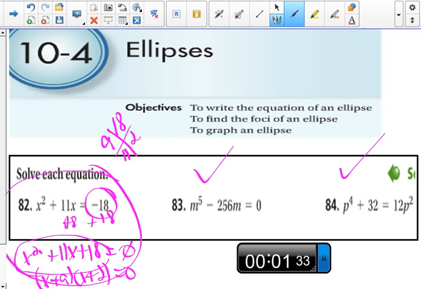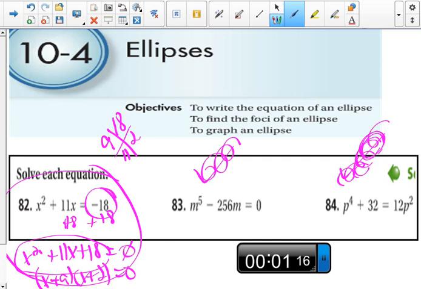This is probably going to be the squares, and this you're going to have to factor out an m, and then see if you have a difference of 2 squares. And this one's probably going to be a perfect square trinomial.